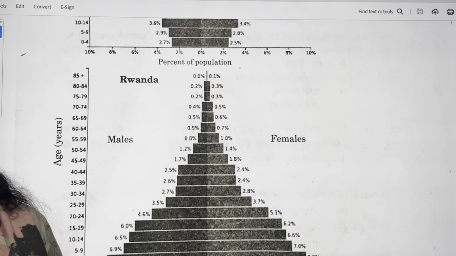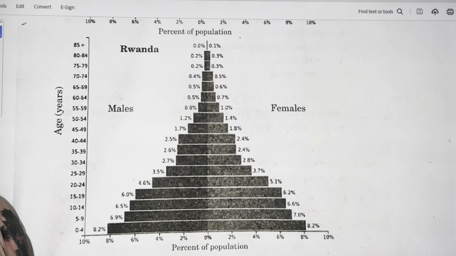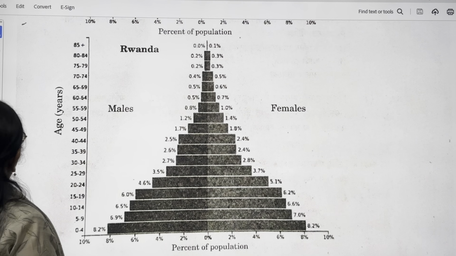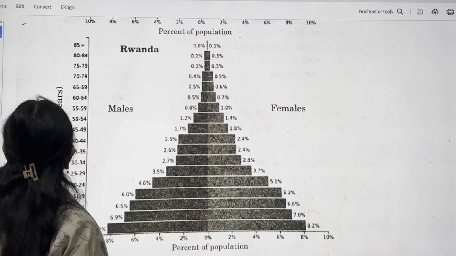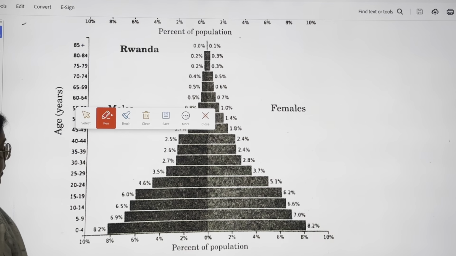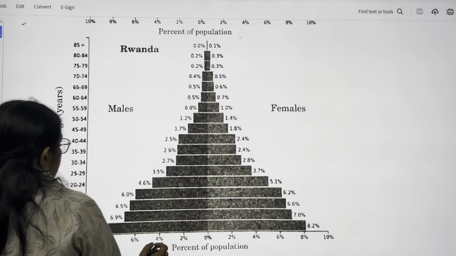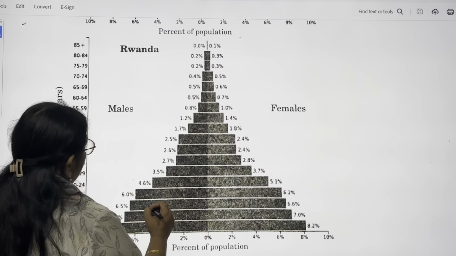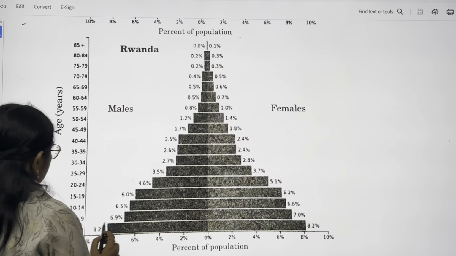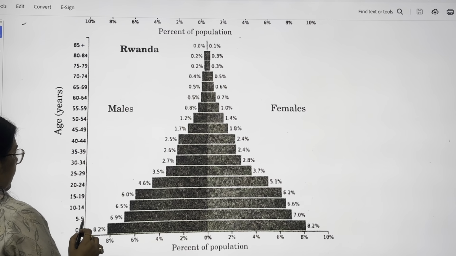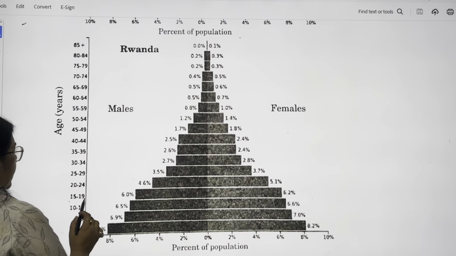Another one. For Rwanda, in this age pyramid you can see the percentage of population of males and females 0 to 4 year, 5 to 9 year, 10 to 14 year, 15 to 19.